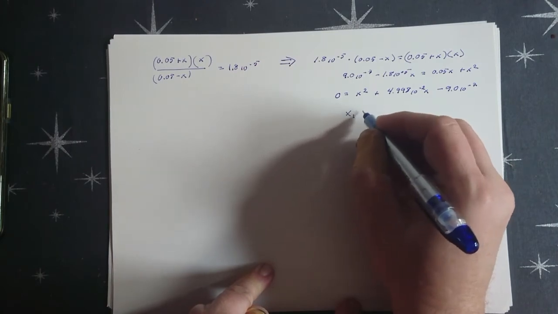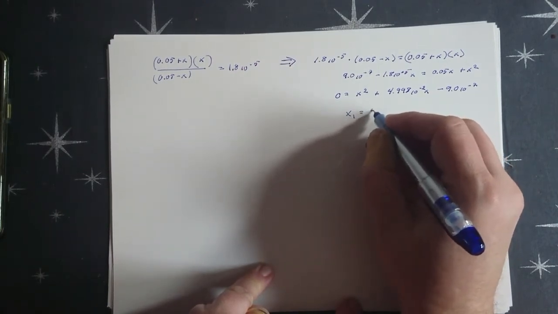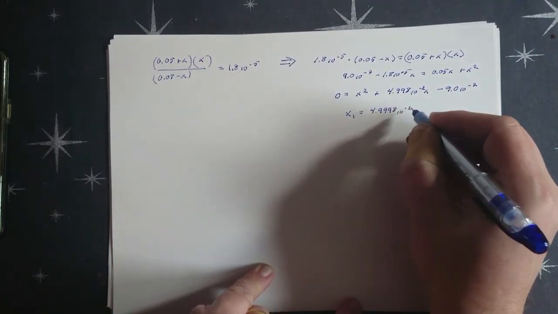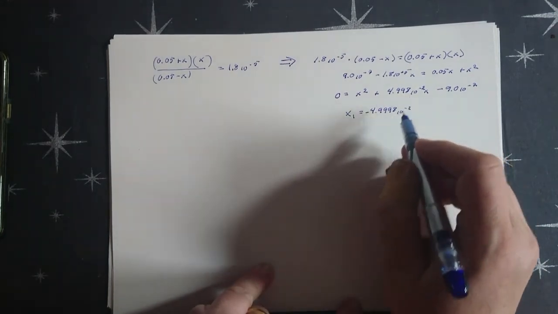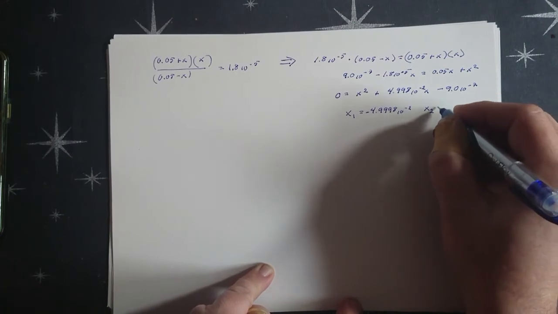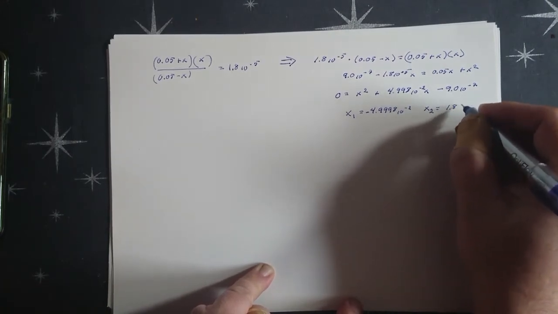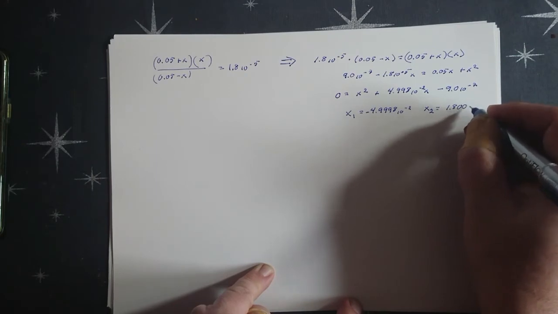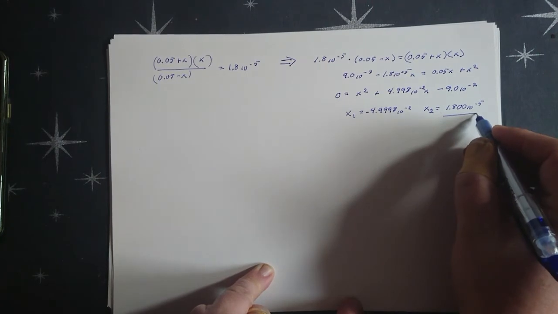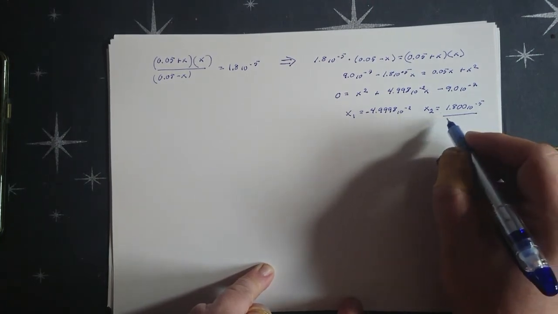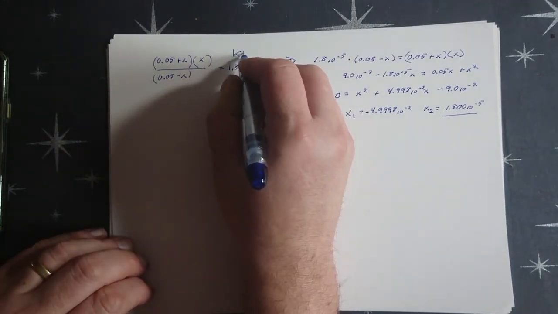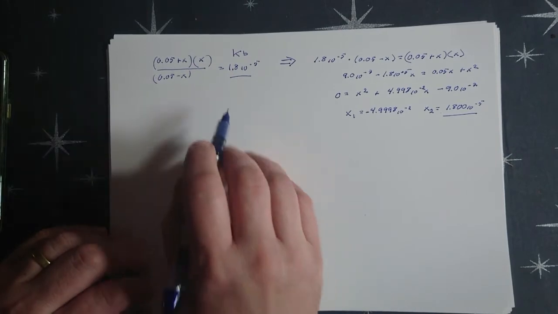One x is going to be 4.9998 times 10 to the minus 2, but it's a negative. It's interesting that those numbers are almost the same. And then the second x is 1.800 times 10 to the minus 5. Look at that number. That number is exactly the same as our original KB, the dissociation constant of the base.